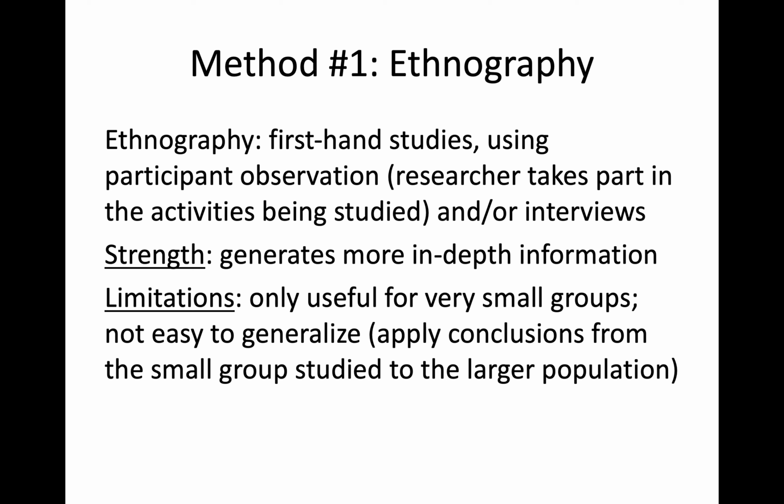Additionally, another limitation of ethnography is that it's difficult to generalize your findings. Generalizability refers to this: a generalizable study is one where you can apply the conclusions from a small group that you studied to a larger population. So, this is the question.